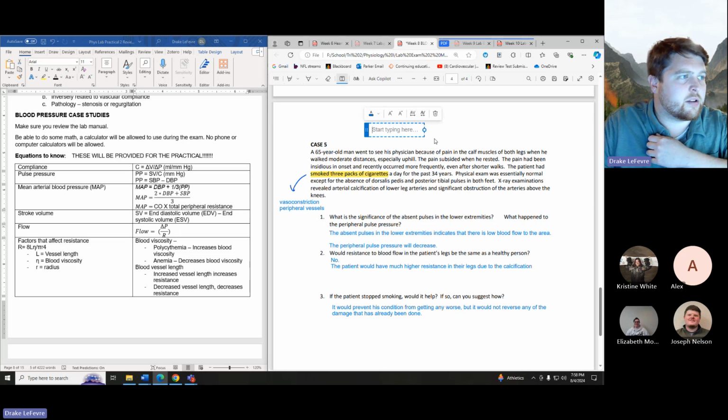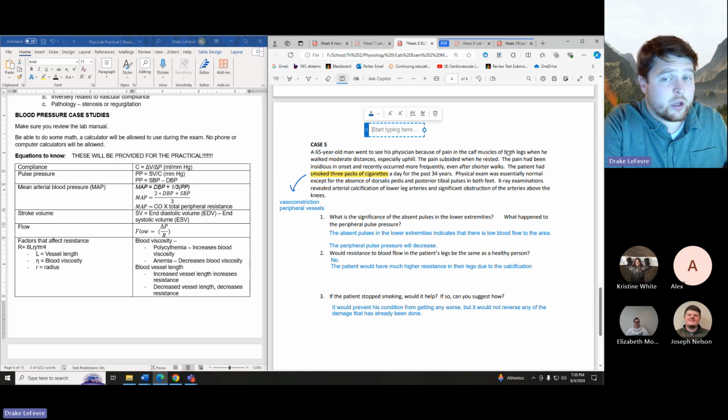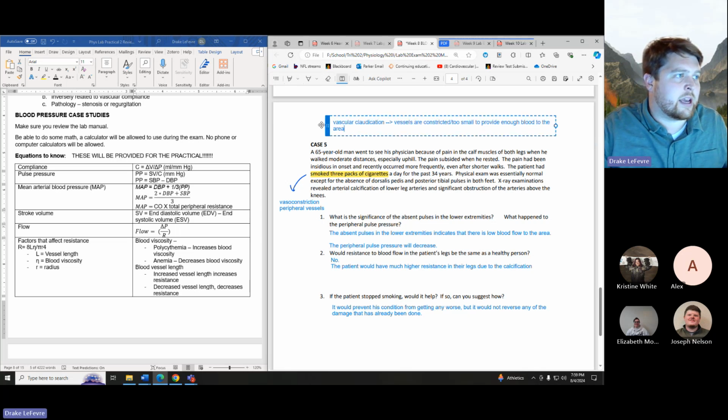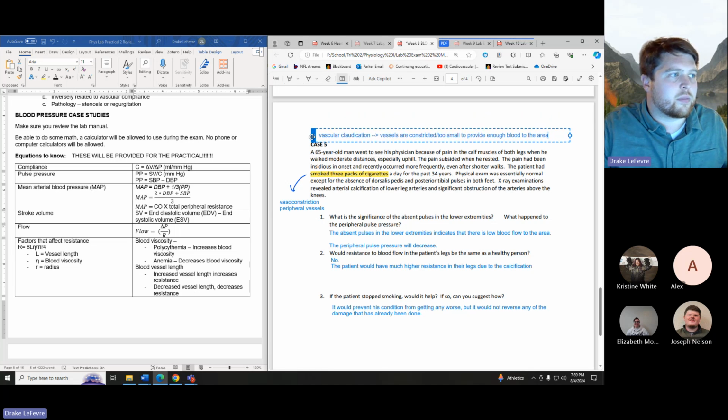If you see the word claudication, vascular claudication, which you will in the future, what this means is that vessels are constricted or too small to provide enough blood to the area. This case is textbook vascular claudication.